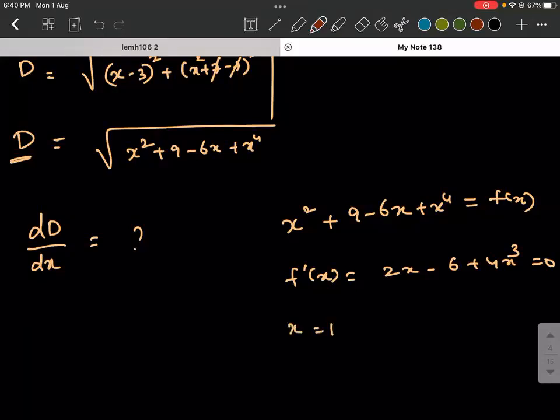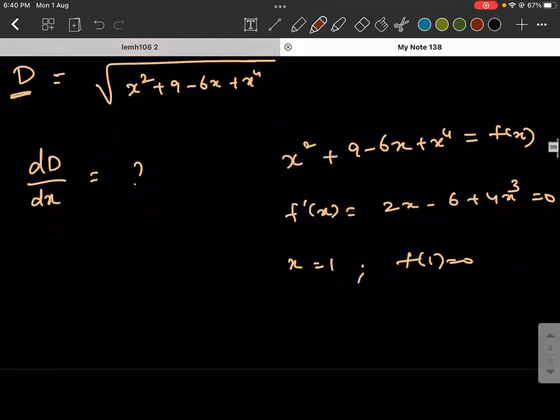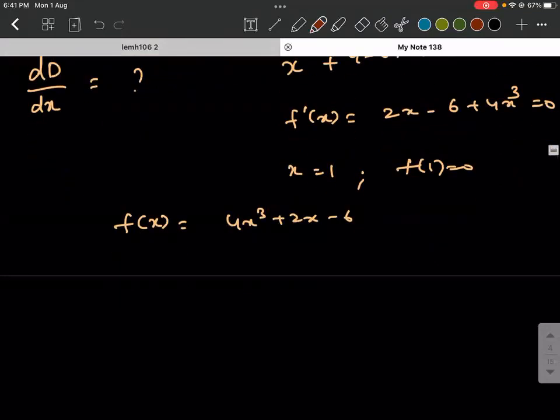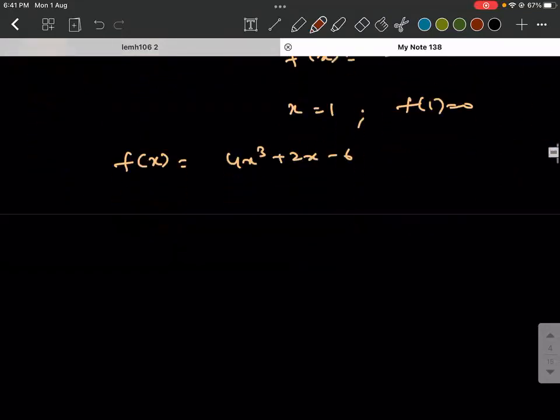So x is equal to 1, put it and f of 1 is 0. Observe f of x is 4x cubed plus 2x minus 6. You should always write the polynomial in the decreasing order of powers.